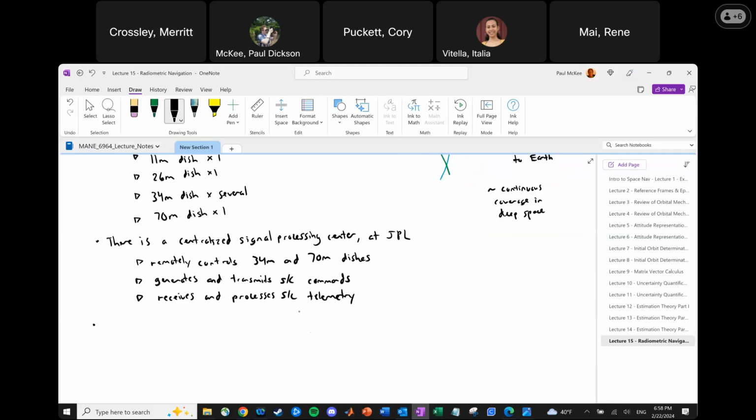Modern spacecraft didn't always work this way. Modern spacecraft communicate with the DSN on X-band and Ka band.